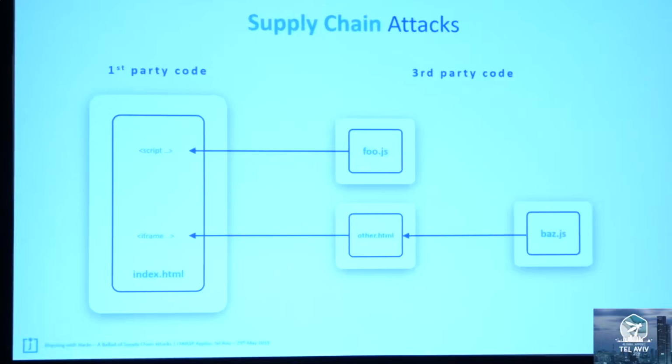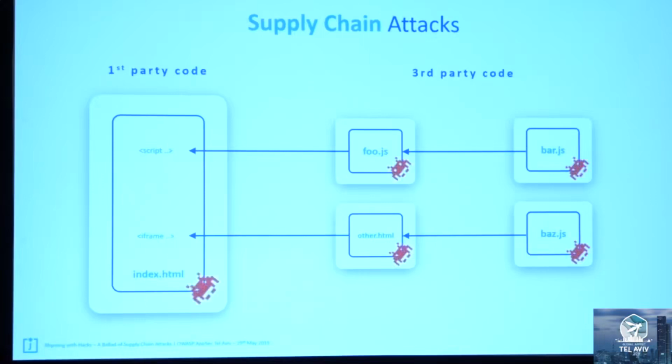So there's second-level and third-level JavaScript potentially being loaded. JavaScript can also pull additional JavaScript, so the level of dynamics can be huge. You have to account for this type of attack. When something in this chain gets compromised, potentially your first-party code and application get compromised as well.